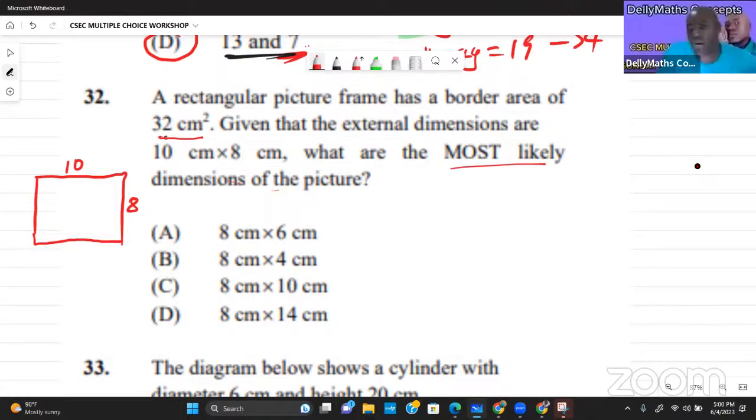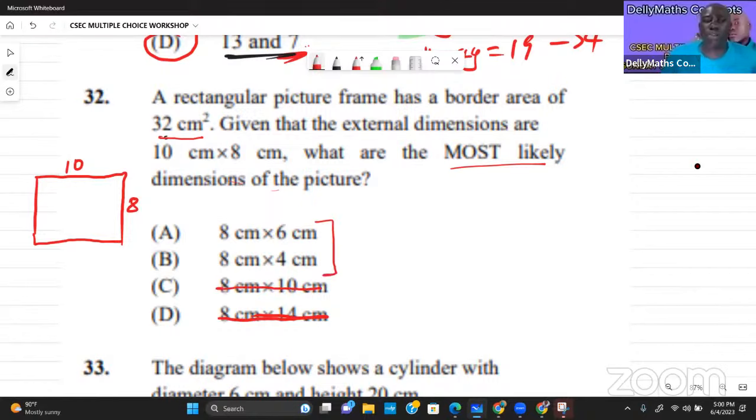All right, so we are saying that the picture can't be bigger than the frame. So we're going to take out this. And most likely, would you say the picture is as big as everything? Picture is normally a little bit smaller. So you're left to pick between these two, right?